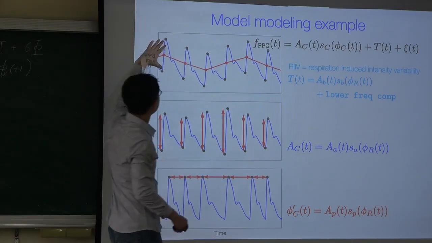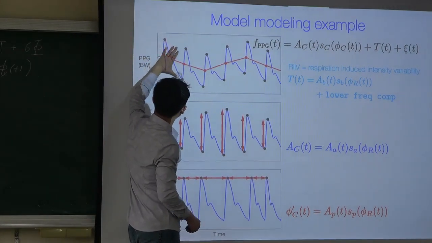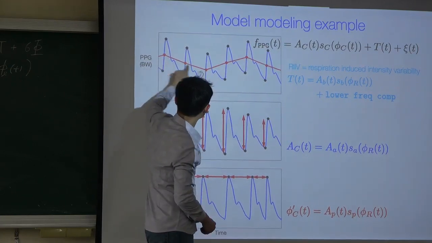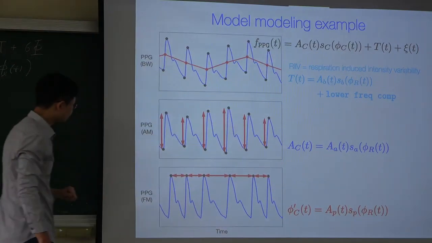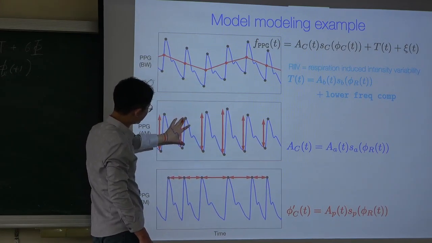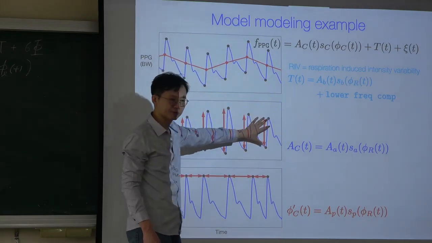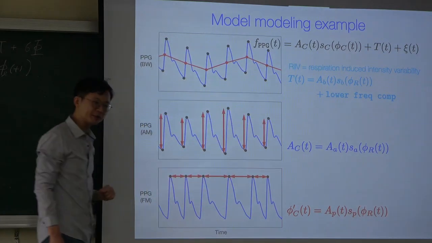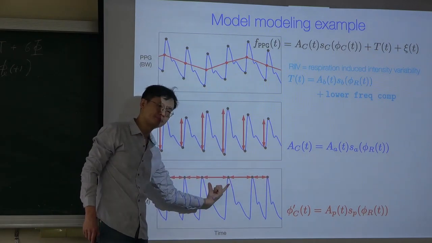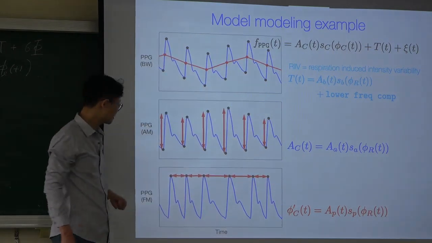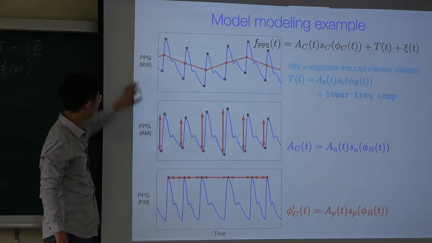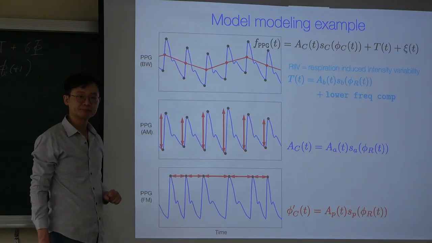That is, the signal goes down, goes up, and goes down, and goes up again, following the respiratory signal frequency. The second one, you see, it is the amplitude that changes. The third one, it is the frequency that changes. So this is called frequency modulated PPG signal. All of them encode the respiratory signal.